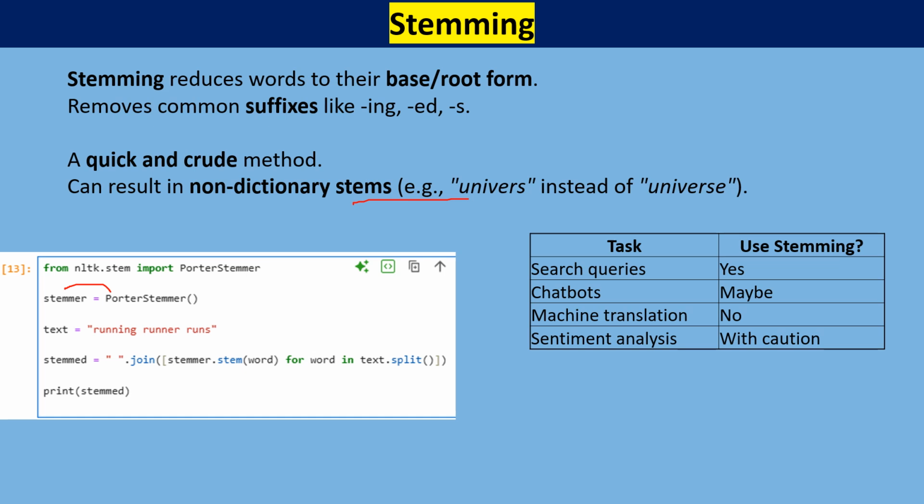It is fast but not always linguistically correct. Use stemming when speed is more critical than accuracy. When working with large corpora for clustering or classification, for higher accuracy consider lemmatization, which returns valid dictionary words. So running, runner, runs.